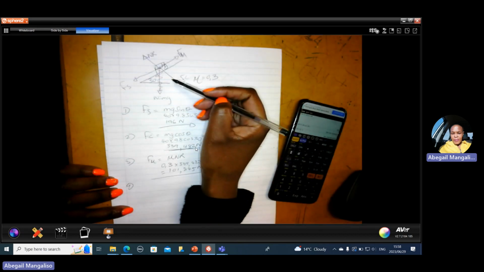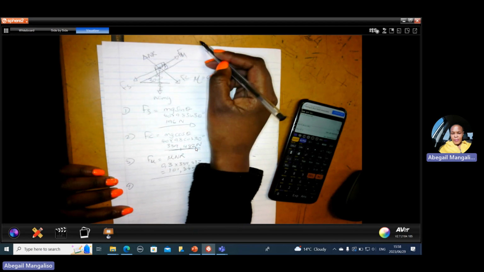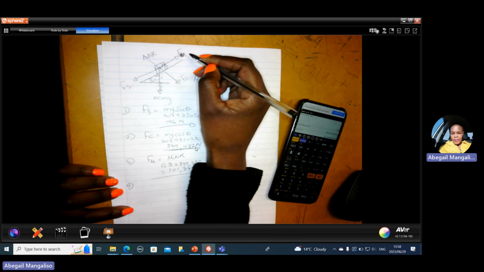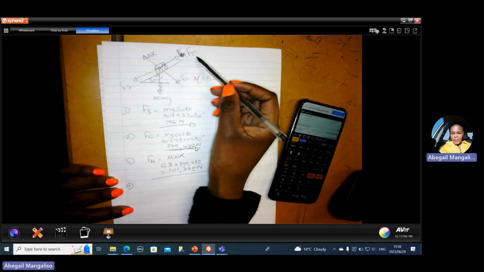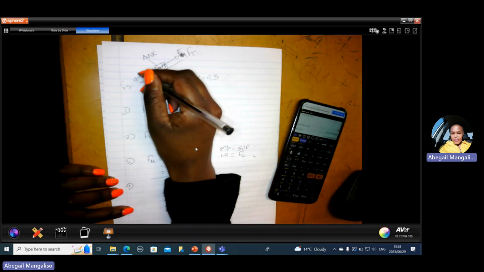You go to your diagram, you add that force up. This is down the slope, this is up the slope. So that external force will be Ft. And the friction will never be in the same direction as the applied force. The friction will change to the opposite direction.